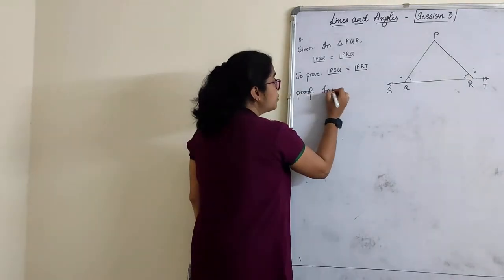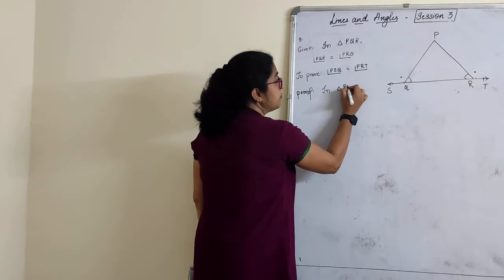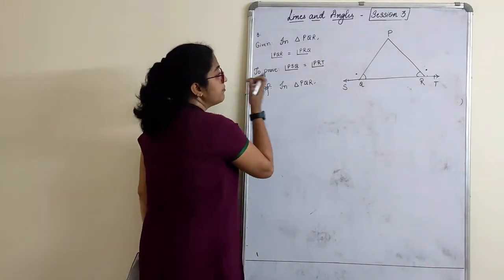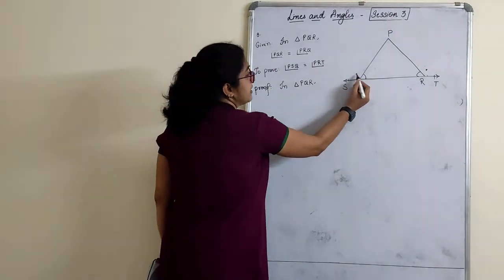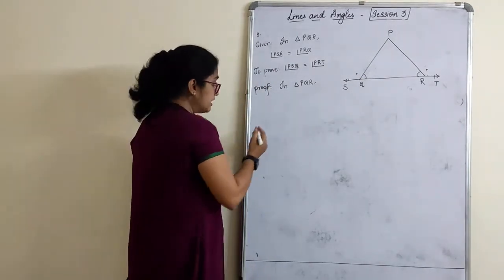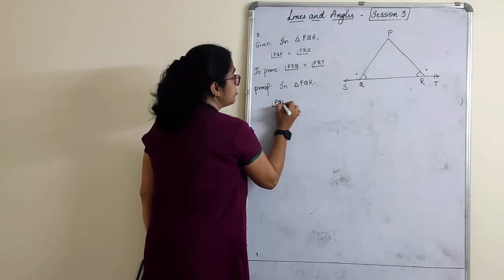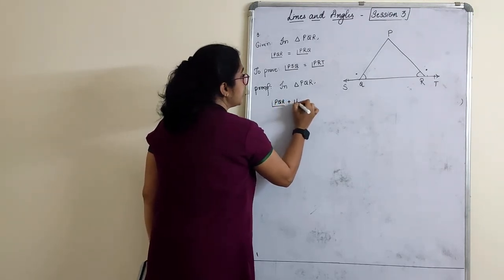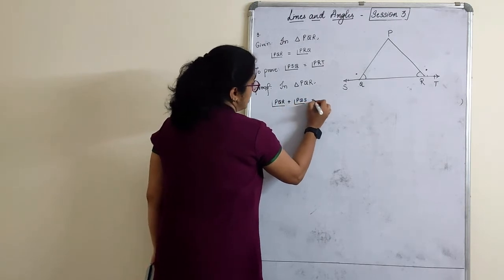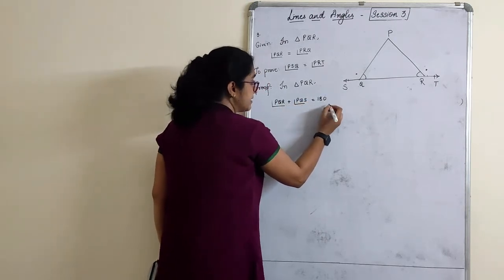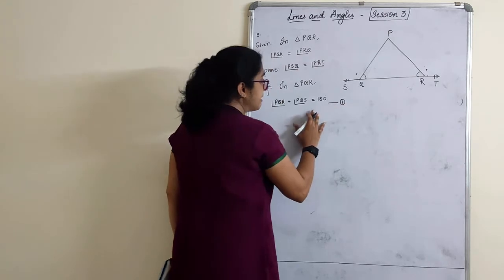Again, in proof we will start with in triangle PQR. Okay. So we will first start with what we know. Can I say these two pairs is equal to 180? Yes. So I will say angle PQR plus angle PQS is equal to 180. Equation 1, it is linear pair.